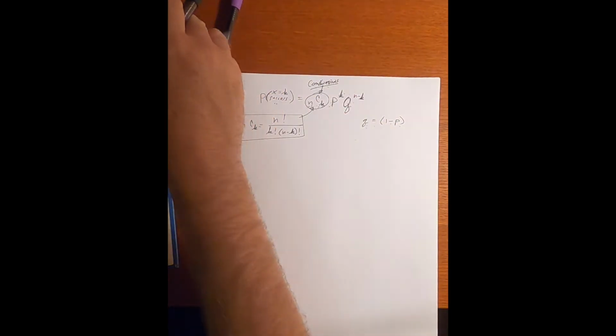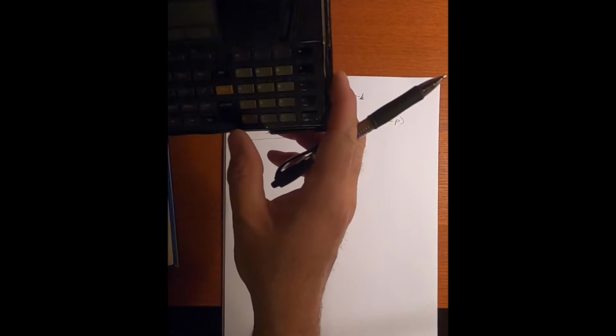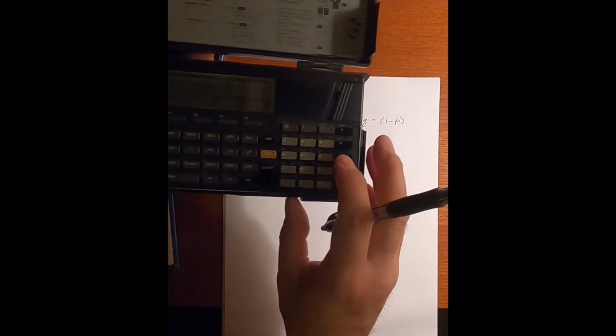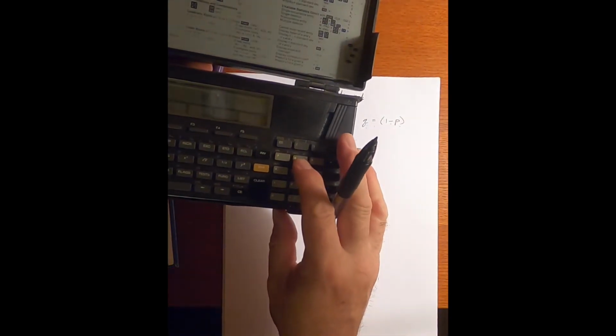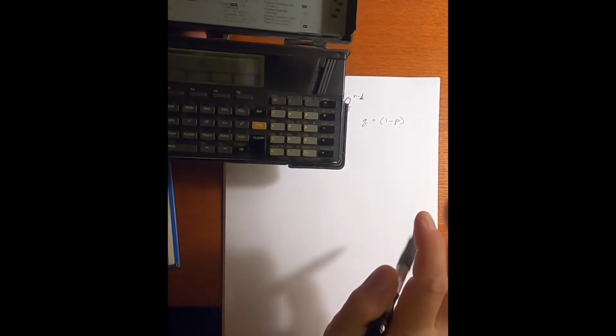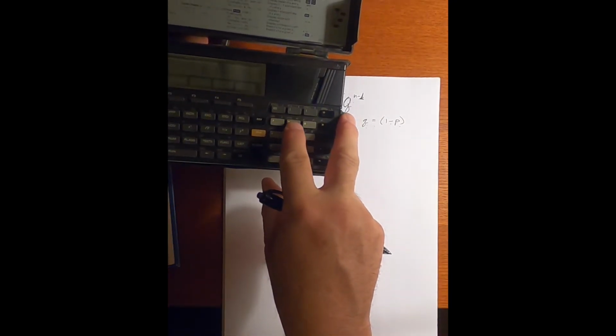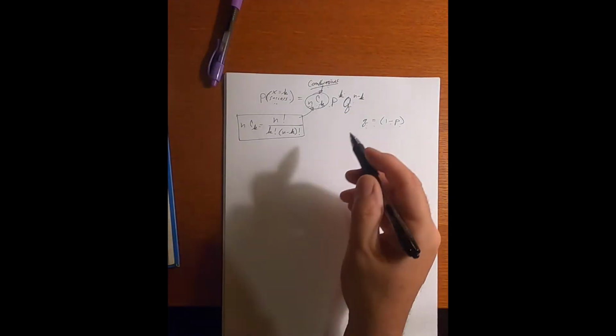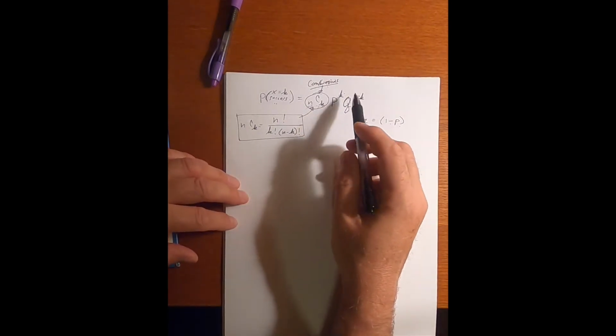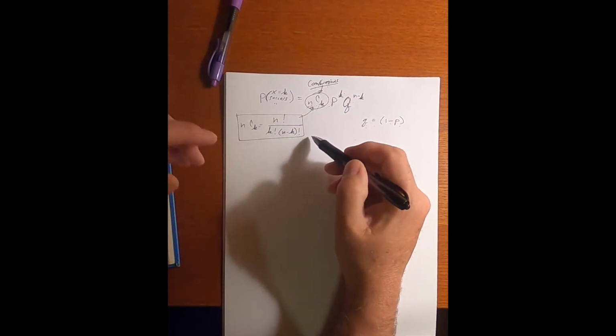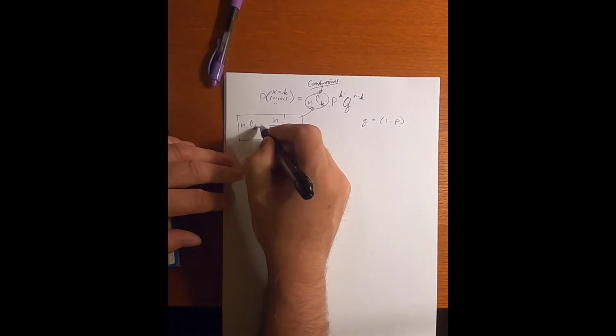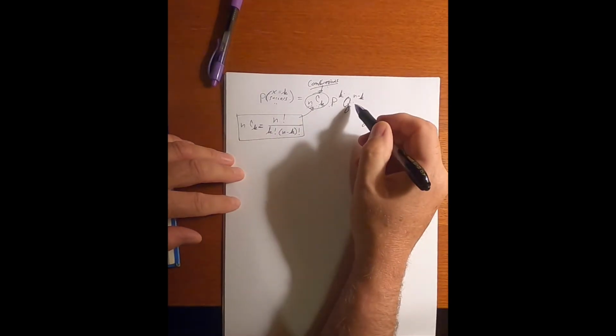And by the way, many calculators have this formula. I have mine right here, it's called nCr instead of nCk. We'll probably do one of those shortly on my calculator, and you can see how that works out. You probably have one on your calculator.